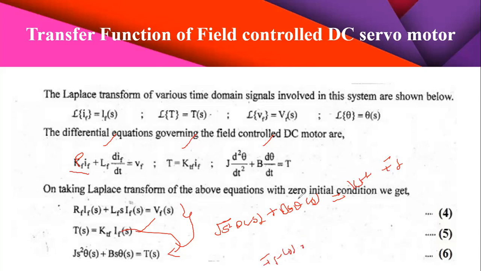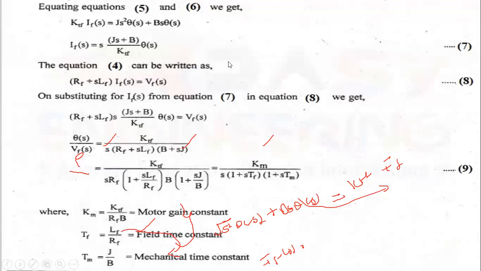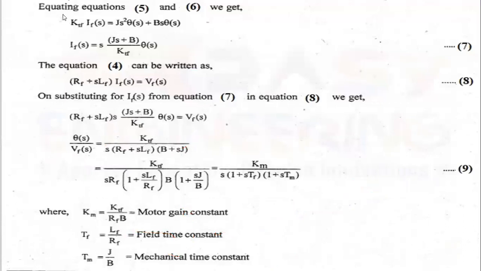IF of S is equal to, the remaining term comes to the denominator. So equating equation 5 and 6, we will get the IF of S equation.